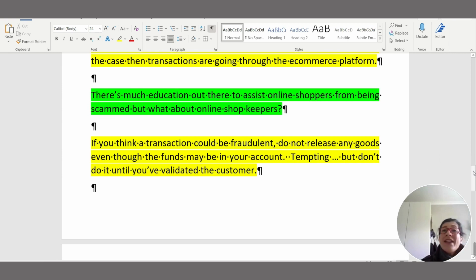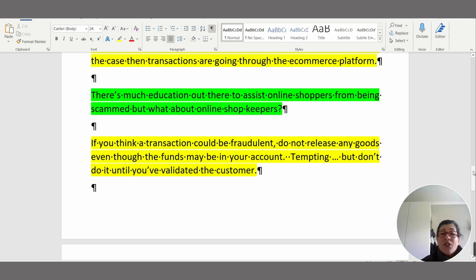But there's very little that I could find for online shopkeepers like ourselves. So I've just dug into my own memory over the years to see how I have dealt with it, and I've created these pointers below. This hasn't been extracted from online. This is what we are actually using within our own online shop.